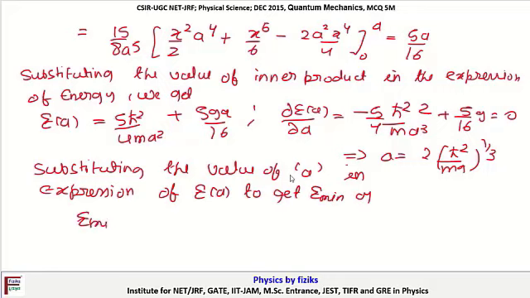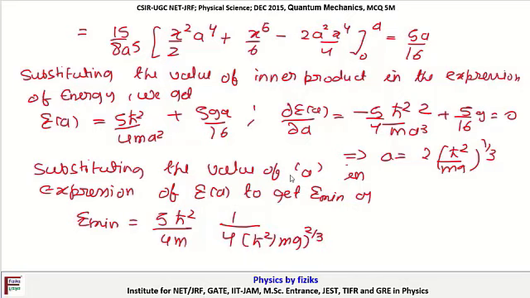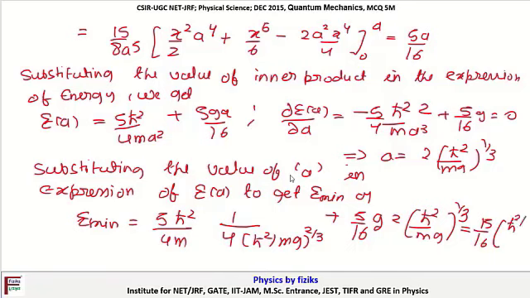E minimum is equal to 5 h cross square by 4m, times (1 by 4 h cross square by m g)^(2 by 3), plus 5 by 16 g, times (2 h cross square by m g)^(1 by 3), equals to 15 by 16 h square g square by m to the power 1 by 3, or I would be writing it here 15 by 16 h square g square by m to the power 1 by 3.